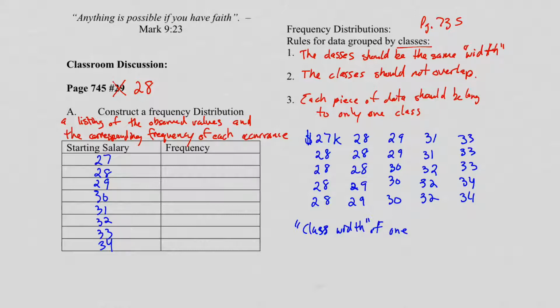So now we just want to count. The first thing is we want to count how many 27s there are, and obviously there's only one right there.